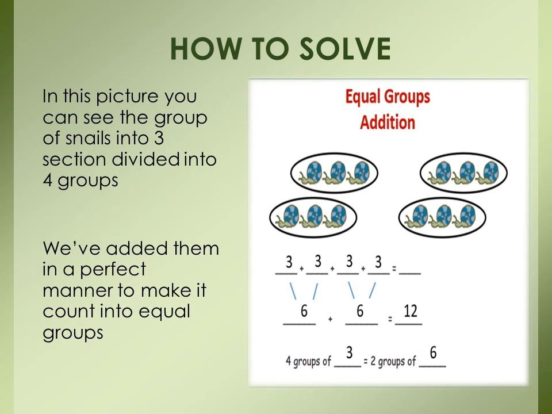I hope this is a little bit clear to you, as this is a completely new topic, so you will take time to adjust to the topic. We have added them in a pattern to make it easy to count in equal groups.